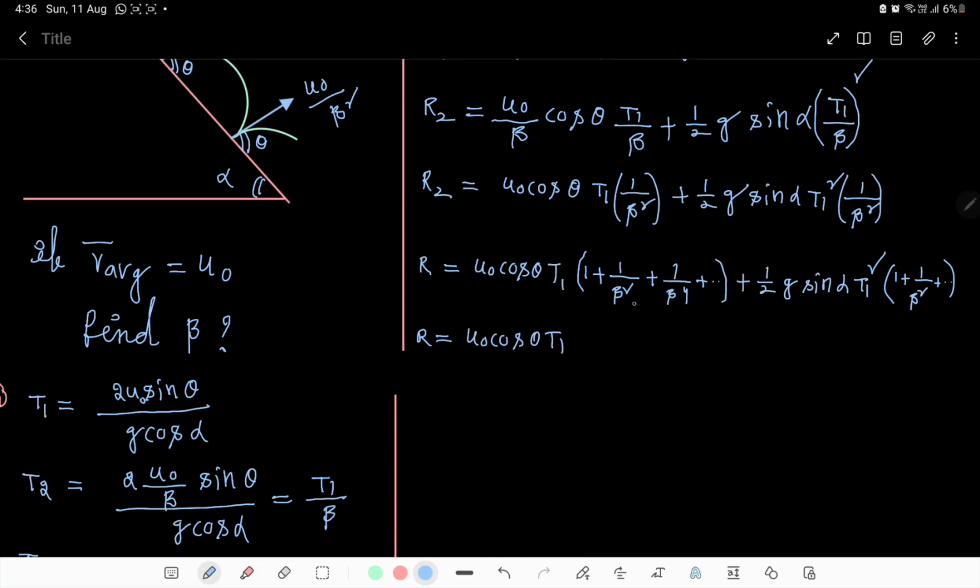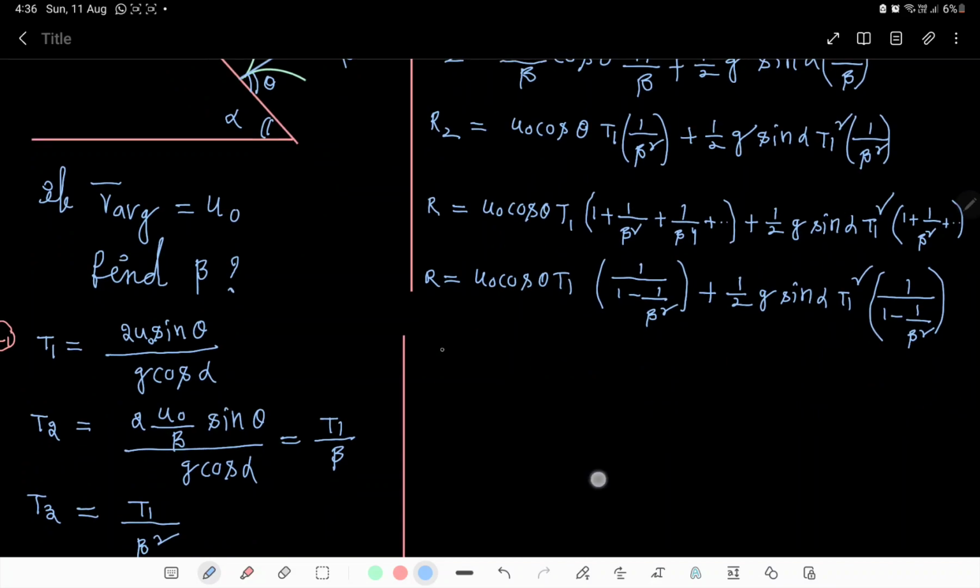Since it is in a GP, this can be written as 1 by 1 minus 1 by beta square, plus half into g sin alpha into t1 square into 1 by 1 minus 1 by beta square.